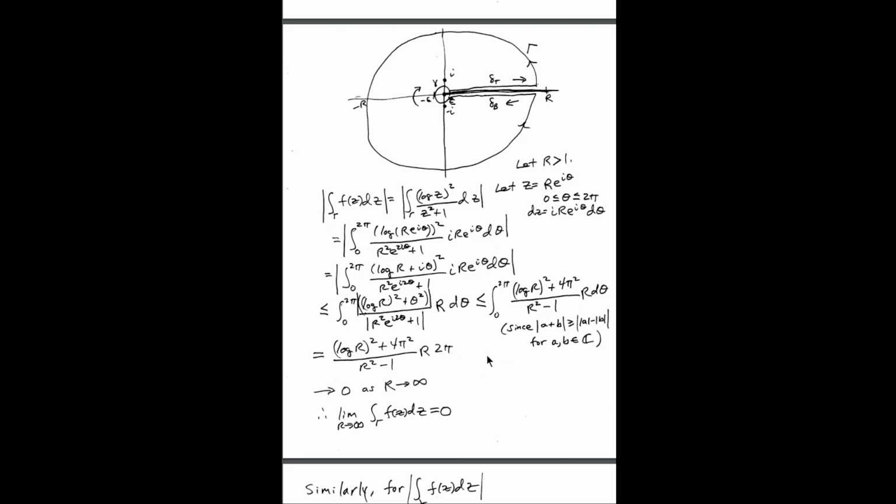Which, of course, as we can tell very easily, goes to 0 as R approaches infinity, because this R^2 is going to dominate the R and also the (log R)^2. Therefore, we can say the limit as R approaches infinity of the integral over capital gamma of f(z) dz equals 0. All right, let's continue.